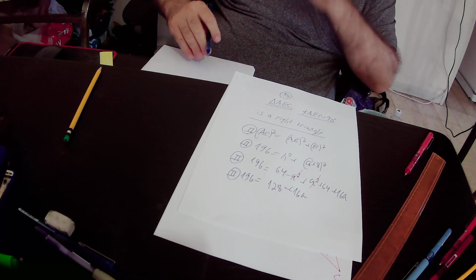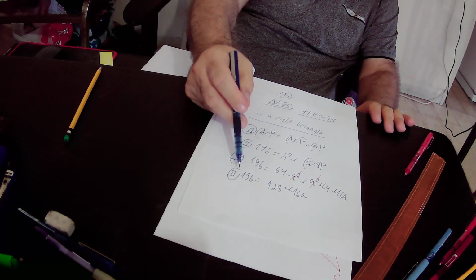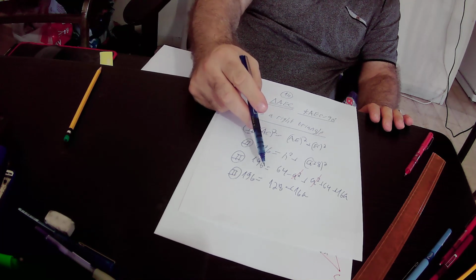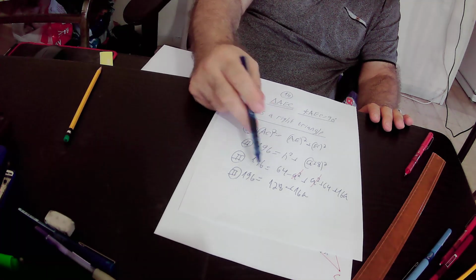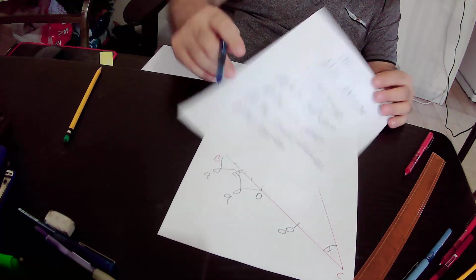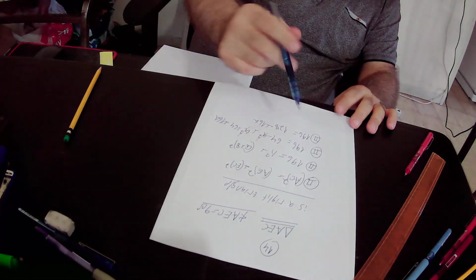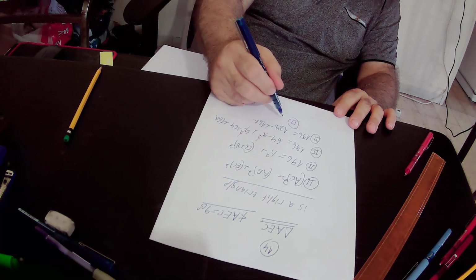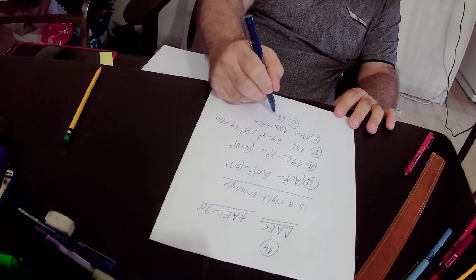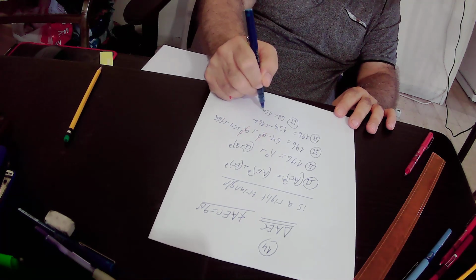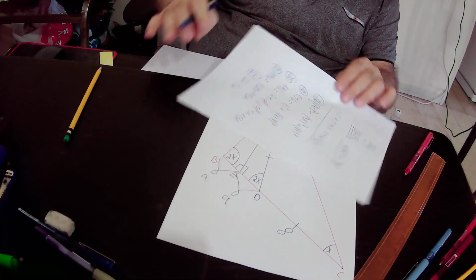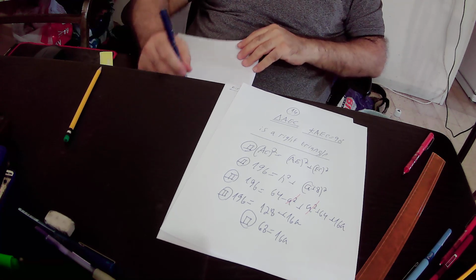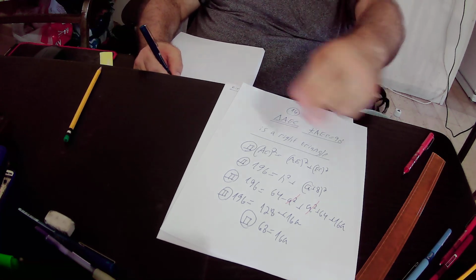Okay, we have here only one variable in equation number 2. So here we will subtract 128 from equation number 2, and we will get that 68 equals 16A.